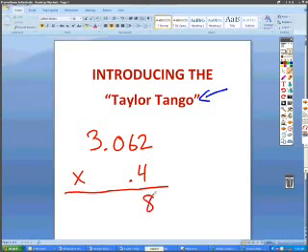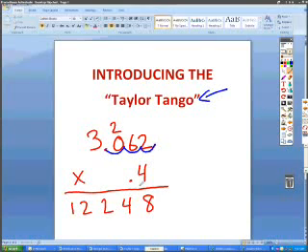4 times 2 is 8. 4 times 6 is 24. Carry your 2. 4 times 0 is 0 plus 2 is 2. 3 times 4 is 12. So we have 12,248. Now we have to determine where the decimal point goes. To do that, we use the Taylor Tango. Once again, 1, 2, 3, 4. We're taking 4 steps to the right.